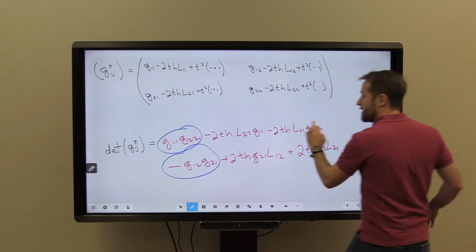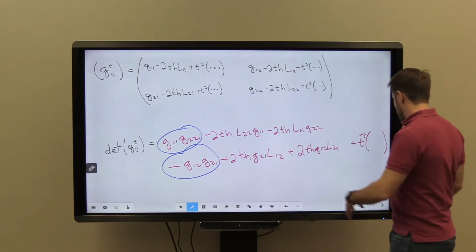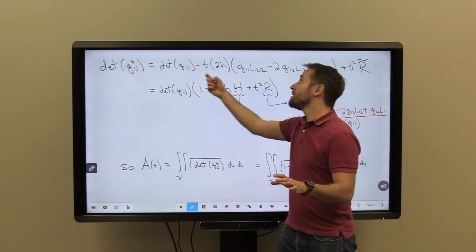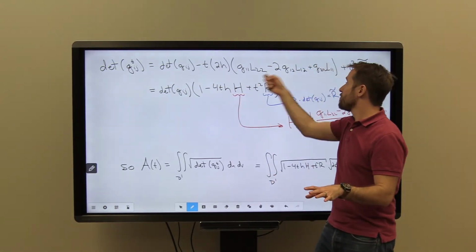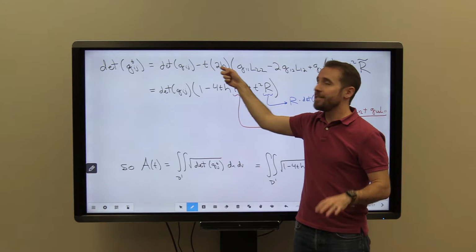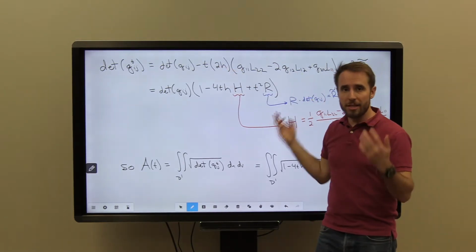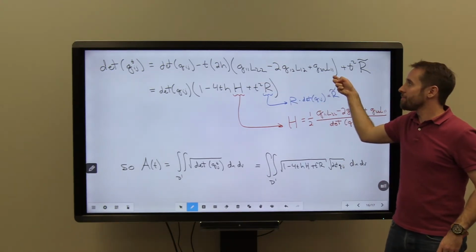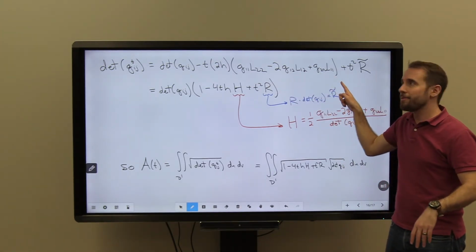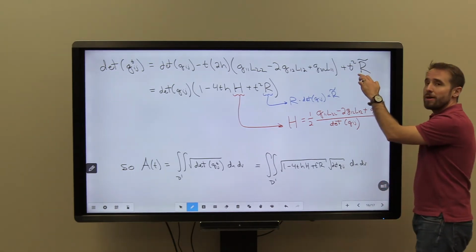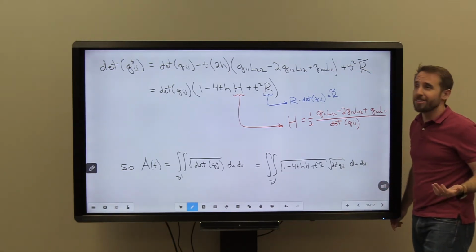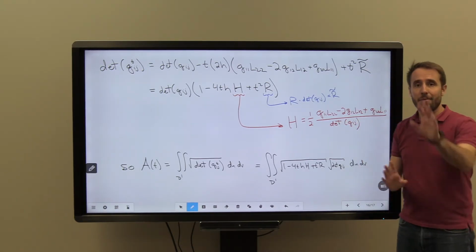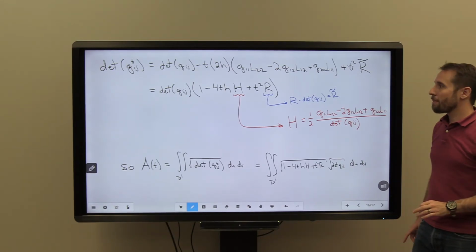Then I've got all of these other pieces, which can be grouped as follows. We get a negative t times 2h times this intermingling of the first and second fundamental form, plus a t squared times something I'm just calling r tilde. This is t squared times some remainder term, a bunch of stuff I'm not going to worry too much about.